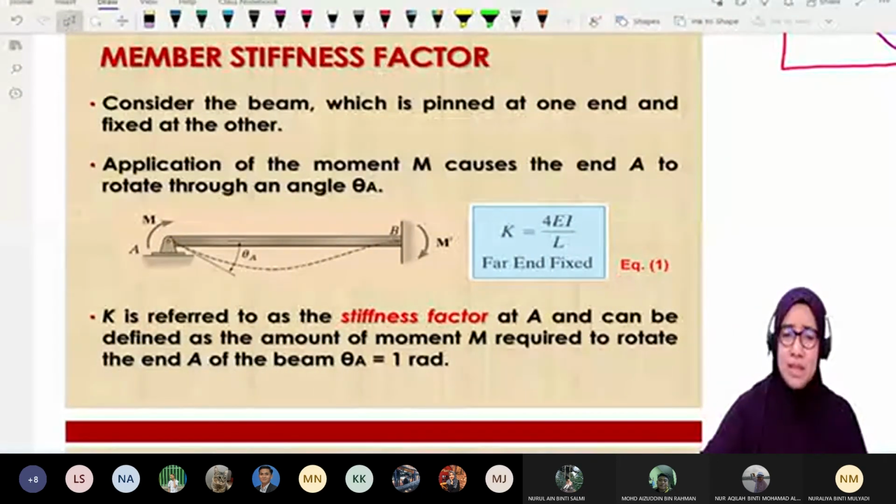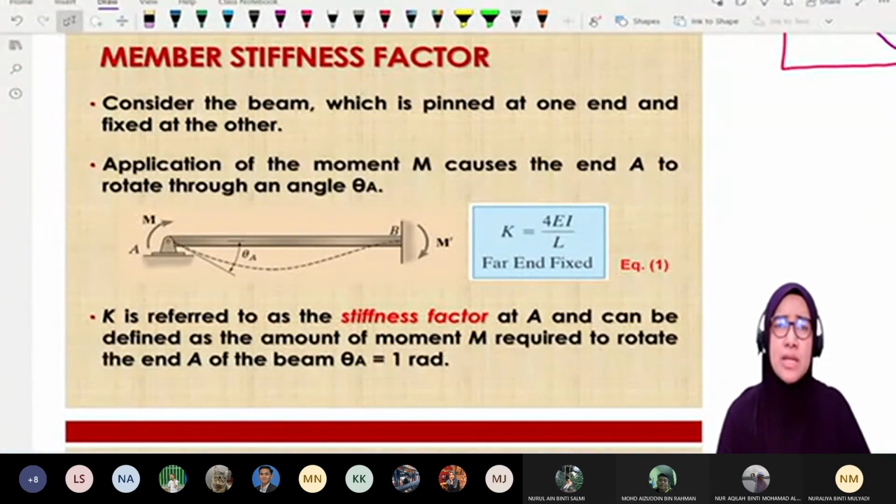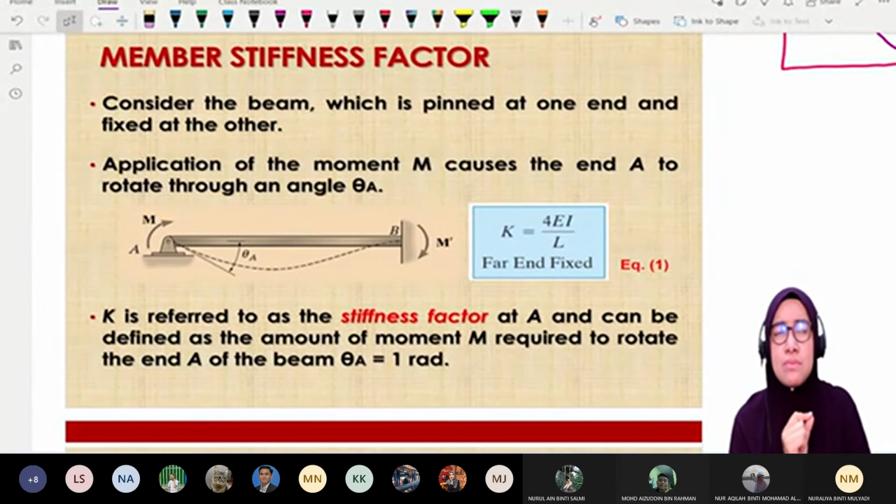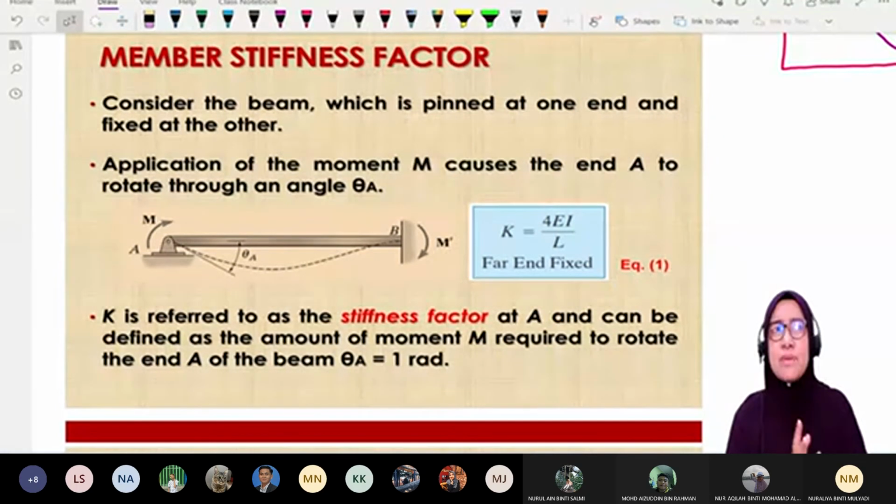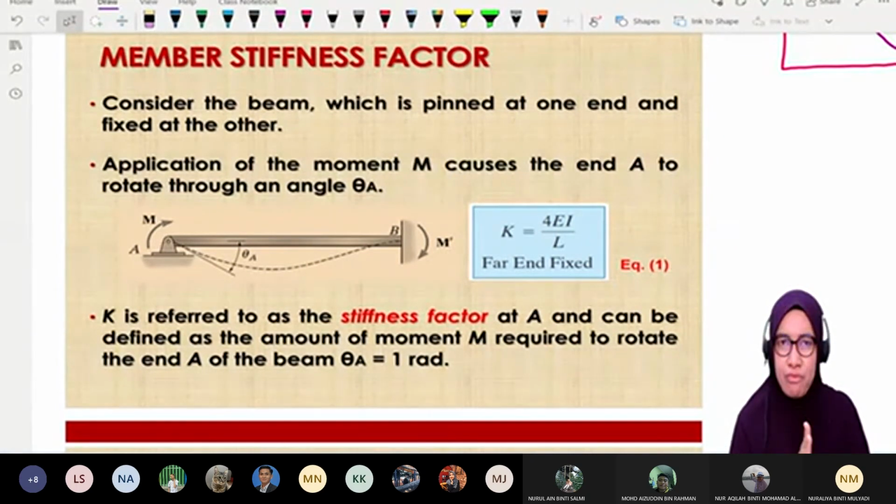Member stiffness factor. In structures, stiffness is a very important term. Stiffness means the behavior is stiff, as opposed to flexible. Stiffness is one of the important parameters that we need to consider in analysis and in design.